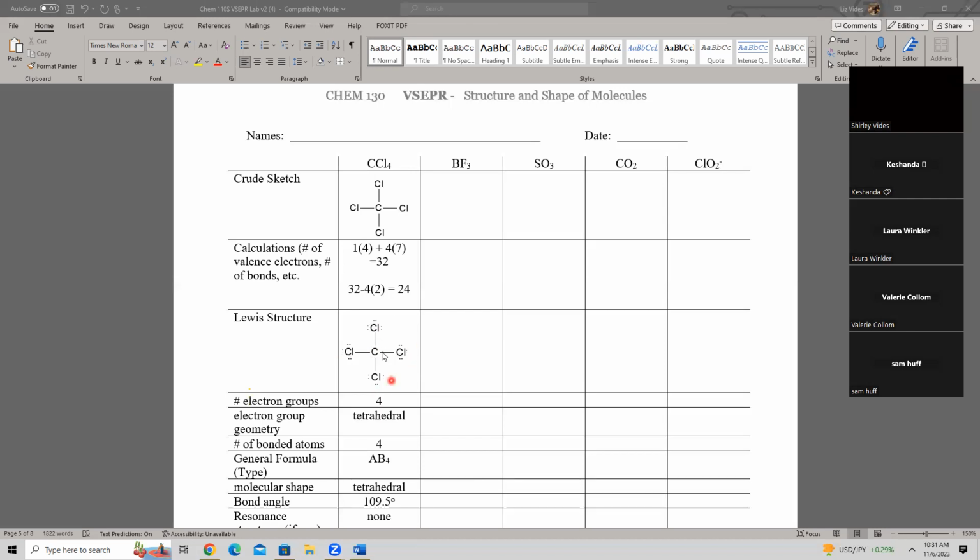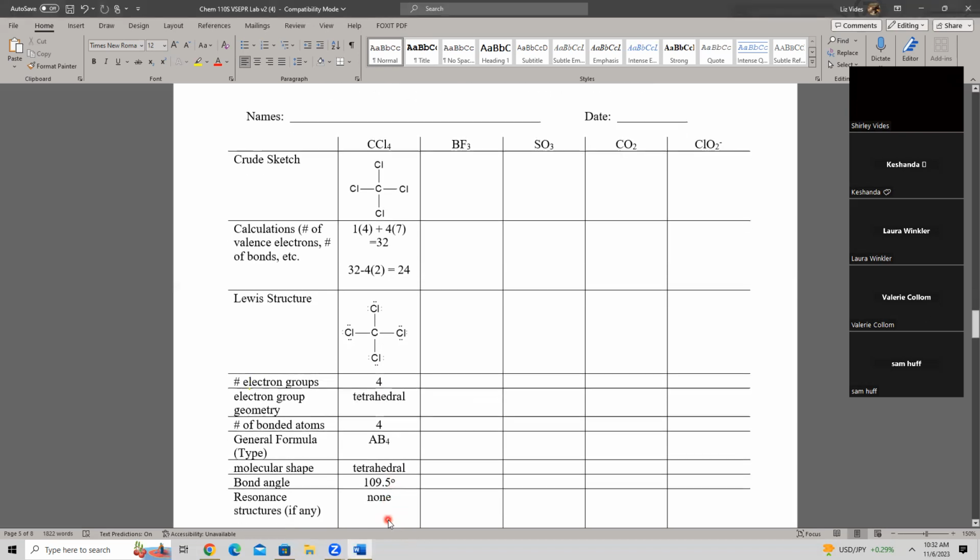Now you can see that this is an AB4 because you've got four electron groups. The geometry is tetrahedral. The number of bonded atoms is still four. Nothing changed from here to here. Then the molecular shape is tetrahedral also. The bond angle is 109.5, and there are no resonance structures. And that's where we stop, okay?